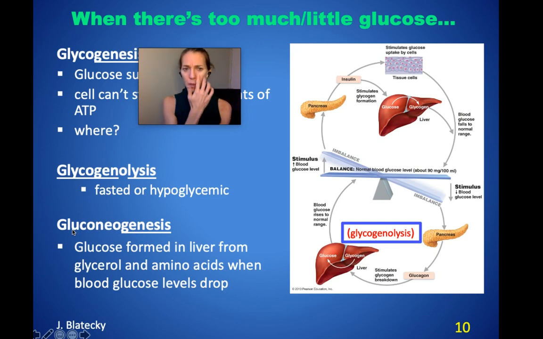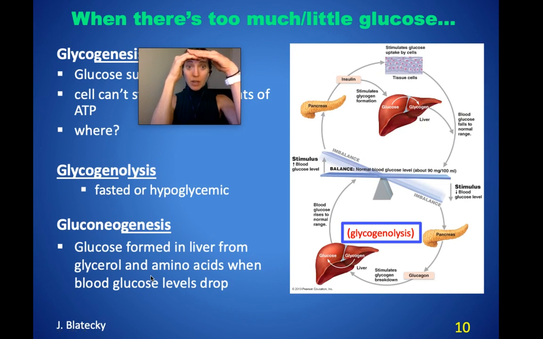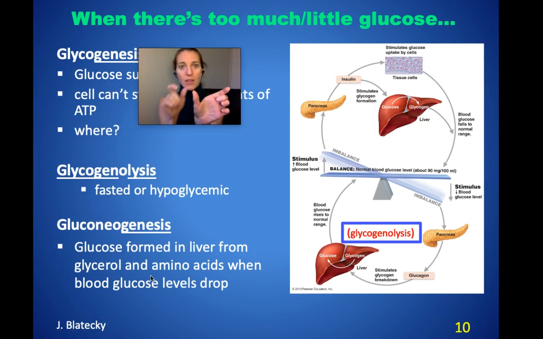This is an unusual one where glucose is actually made from amino acids, from proteins, and from glycerol, which comes from our triglycerides. Notice that I don't have fatty acids here. When you break down your triglycerides, you get the glycerol backbone, and then you get your fatty acid chains. The fatty acid chains cannot be used to make sugar, but the glycerol backbone can.